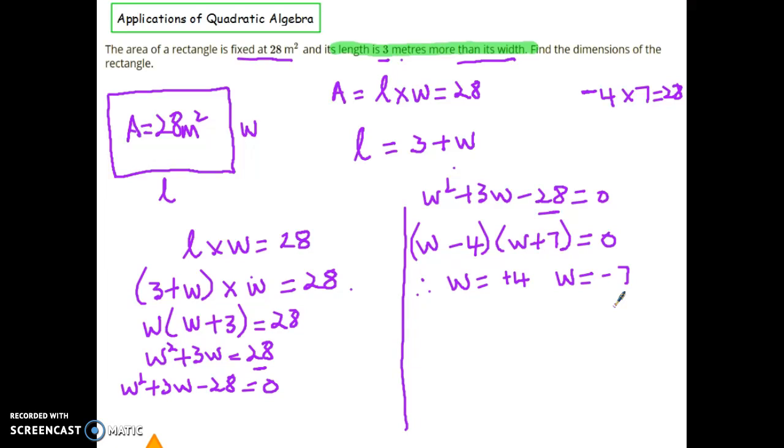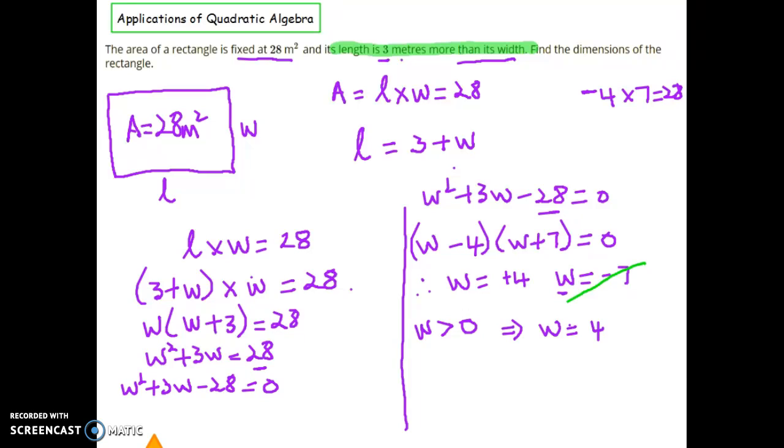Mathematically it makes sense that I've got two values, but because of the context of our story where this is the width, my width is a side length, so it has to be bigger than 0. So it follows that I'm only going to look at the width being 4. I can discount this one because I can't have a negative width.